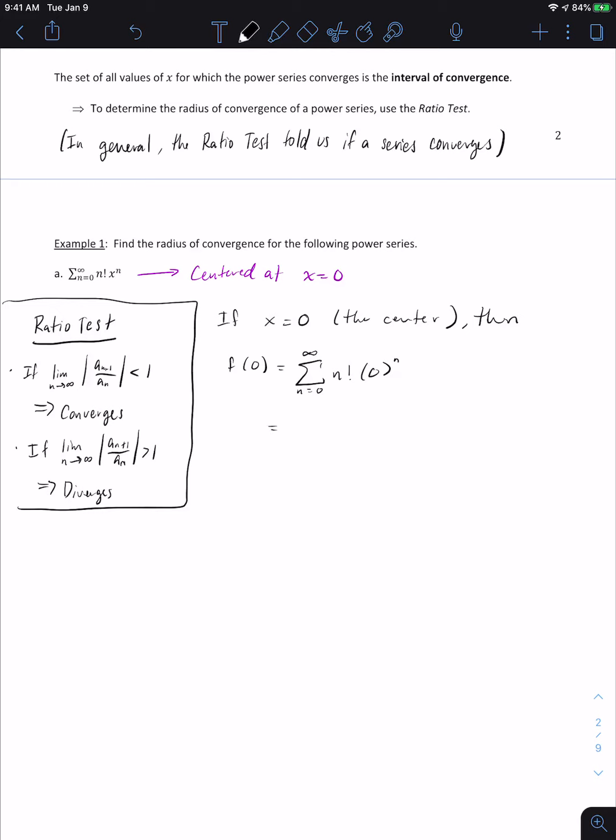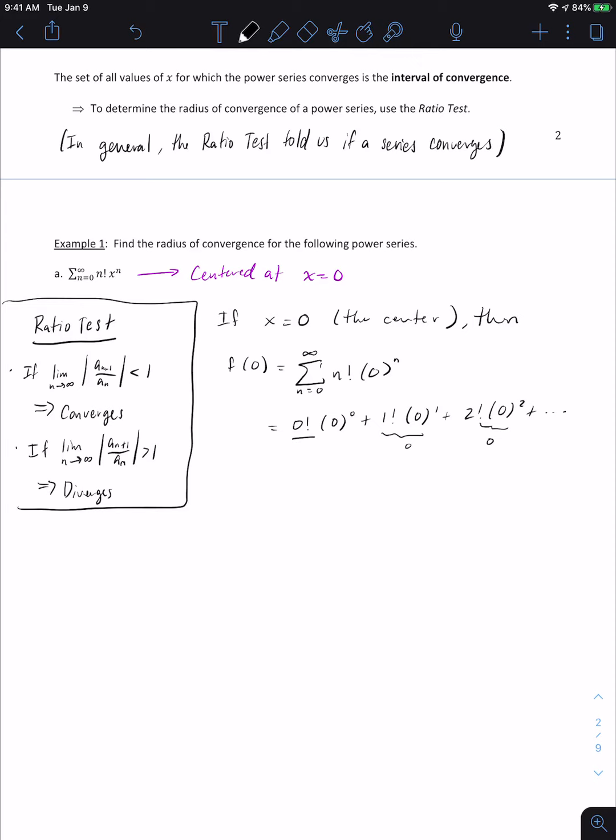So what does that look like? That looks like 0 factorial, 0 to the 0 power, plus 1 factorial, 0 to the 1, plus 2 factorial, 0 to the 2, and so on. So notice that this is 0, this is 0.